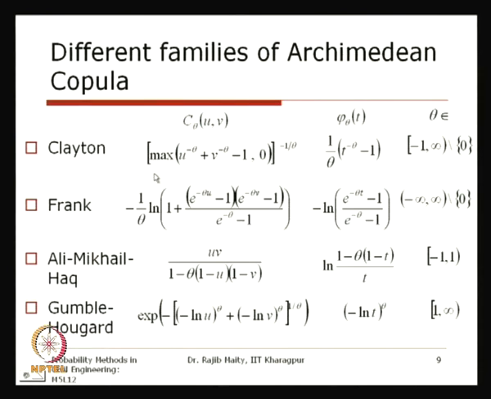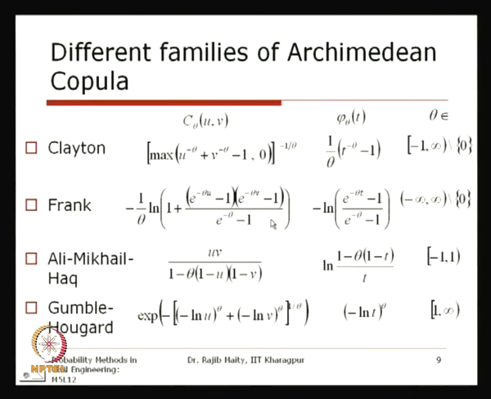The second one is the Frank copula, for which the copula function is minus 1 by theta log natural of 1 plus e power minus theta u minus 1 times e power minus theta v minus 1, divided by e power minus theta minus 1.